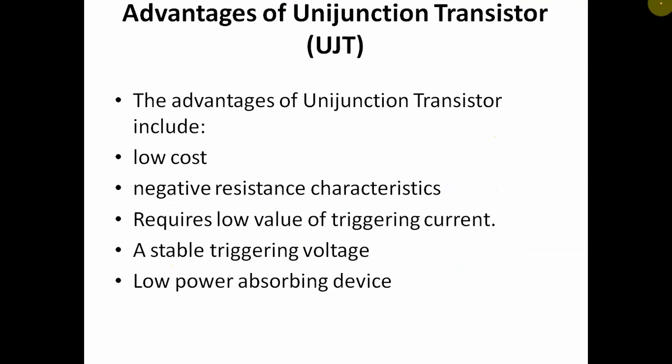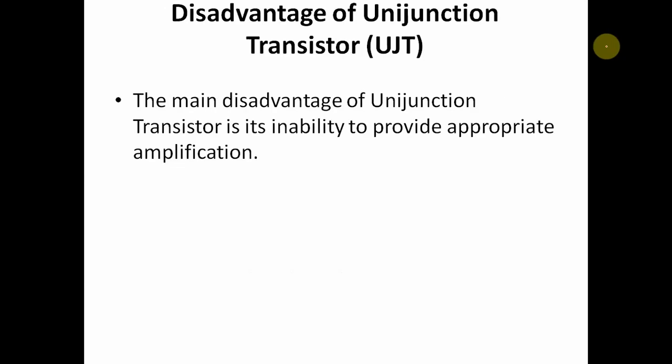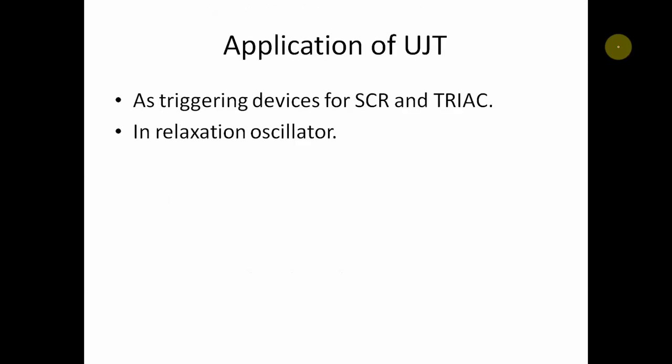Advantages of unijunction transistor: low cost, negative resistance characteristics, requires a low value of triggering current, a stable triggering voltage, and low power absorbing devices. The main disadvantage of a unijunction transistor is its inability to provide appropriate amplification.